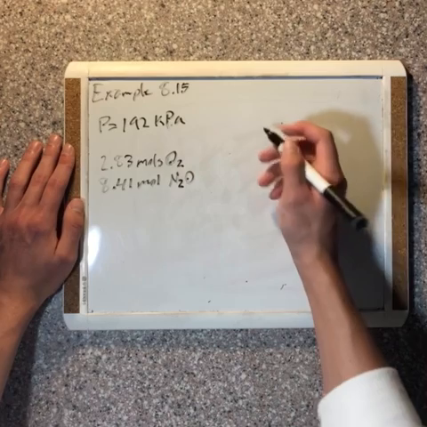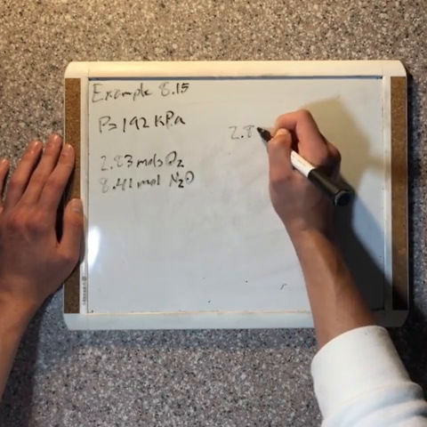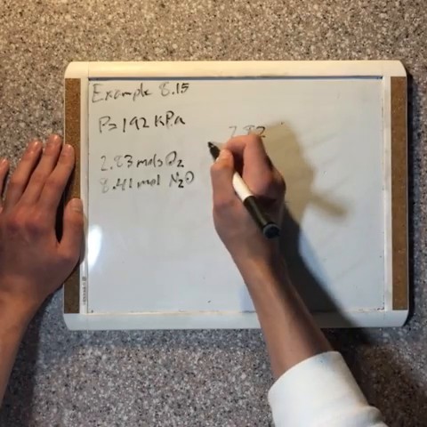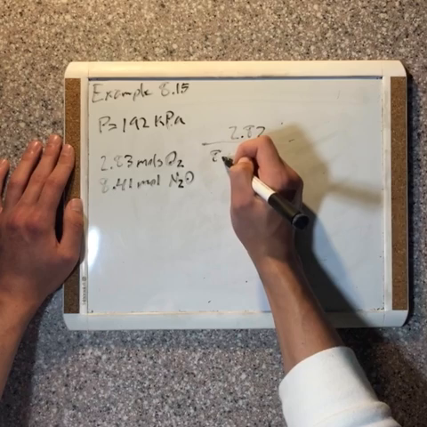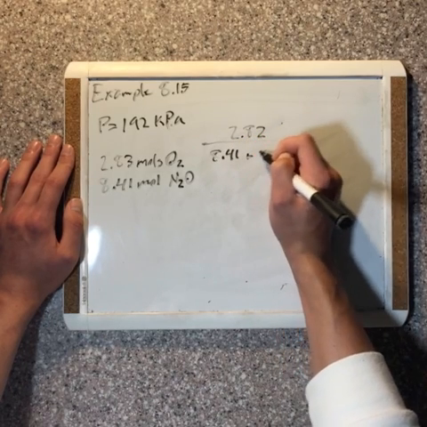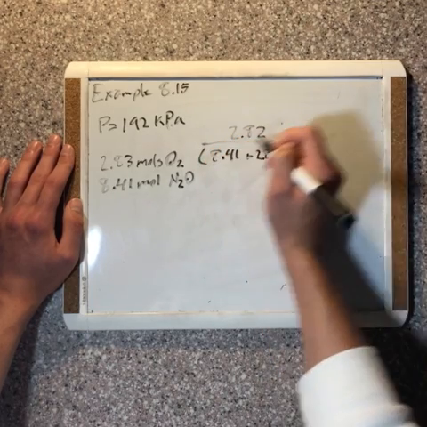And again, for those of you who didn't catch that, you're just taking the number of moles of your sample, so 2.82, and dividing it by the total. So 8.41 plus 2.82. All right.